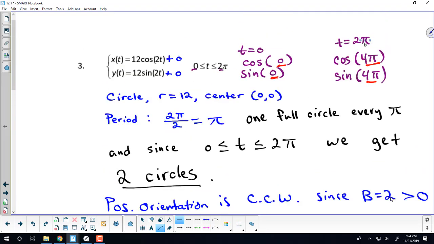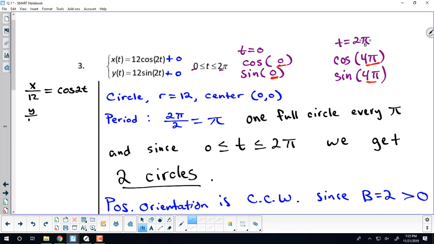Okay, so the way we can convert that is the way we've converted the other one. Since x is 12 cosine of 2t, what we want to do is isolate the sine and the cosine. So we have x over 12 is cosine 2t, and y over 12 is the sine of 2t.